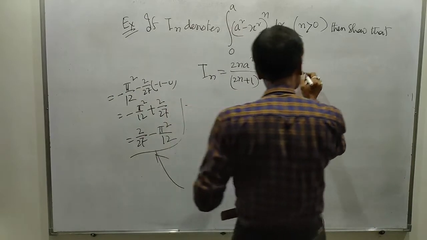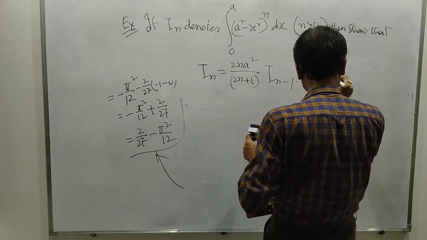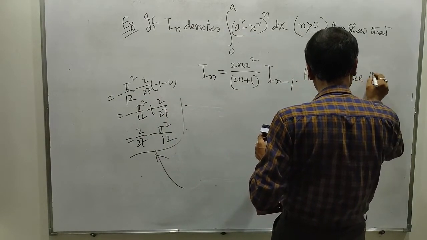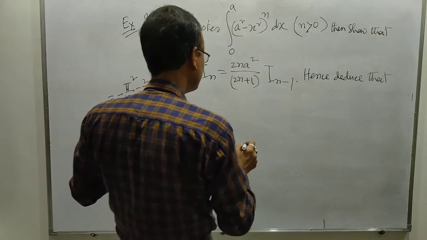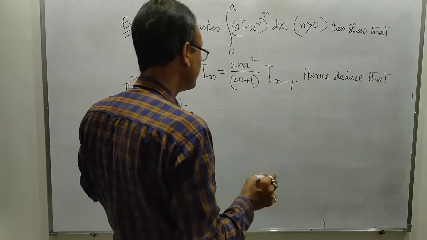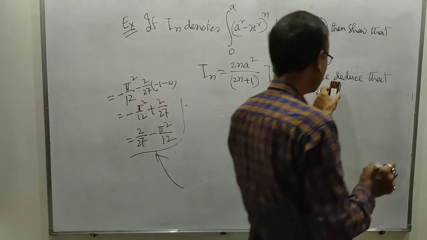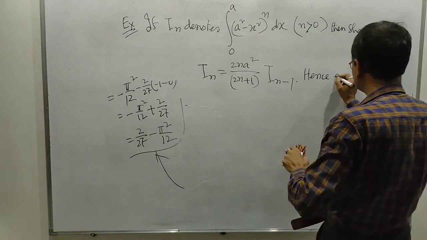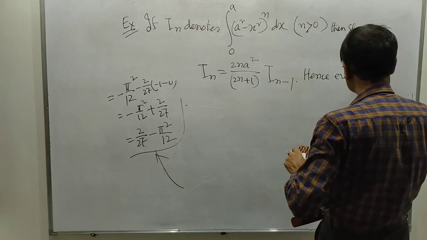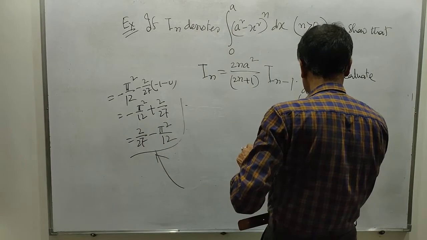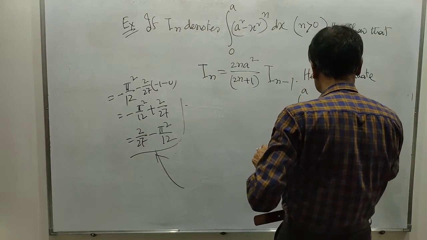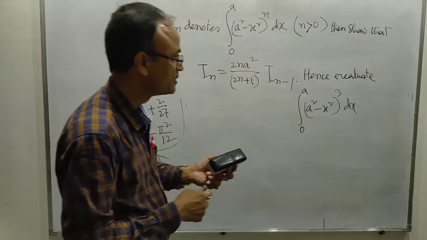Hence deduce that, hence evaluate the integration from 0 to a of (a square minus x square) whole cube dx. Just put n is equal to 3.